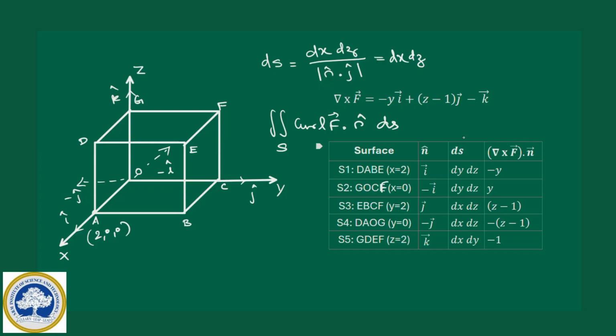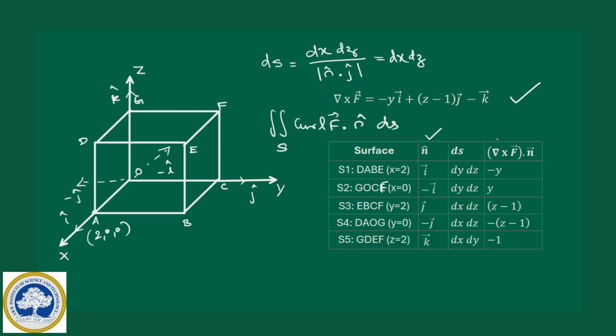Already we have found out del cross f is this, n cap is given here, take the dot product of these two. So i with i means y; minus i dot del cross f is nothing but minus into minus, plus, so plus y. Similarly, for surface S3 it is z minus 1, for surface S4 it is minus of z minus 1, and for surface S5 it is minus 1.